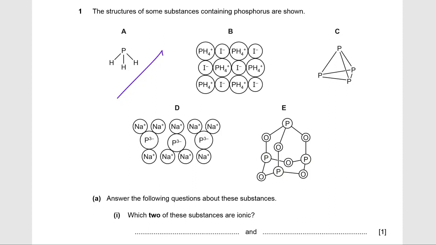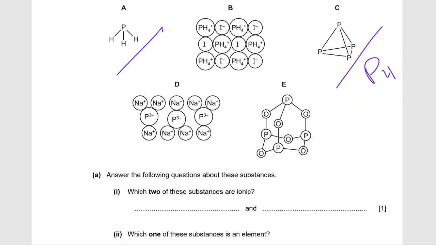The other one, B, is PH4 iodide, so it will be phosphonium iodide. And C is the molecule of phosphorus, because phosphorus always exists as 4 atoms. And D is sodium phosphide.